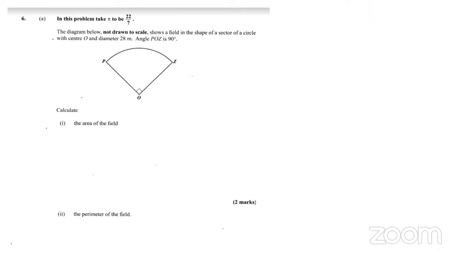Pi. Well, they tell you what pi is already, 22/7. Must use pi as 22/7. But what information do we need to find the area of the field? This is a quarter of the circle. What do we need to know first then to find the area of the field?